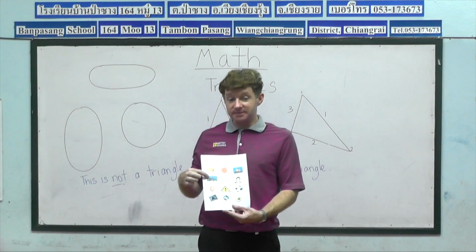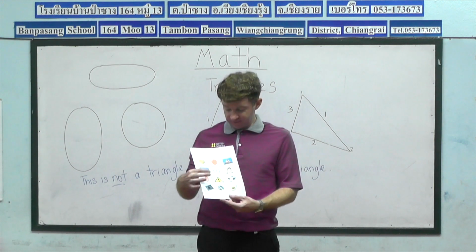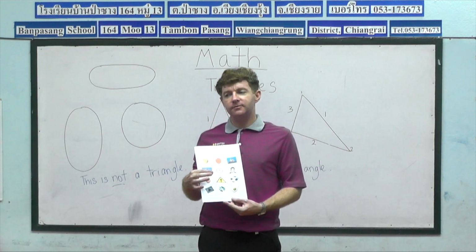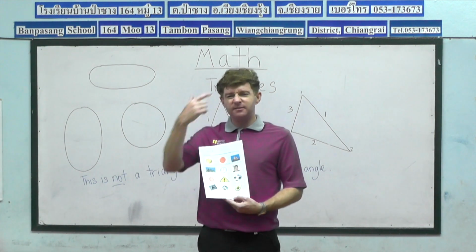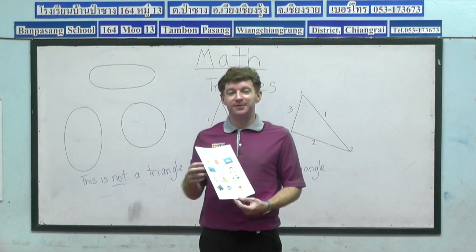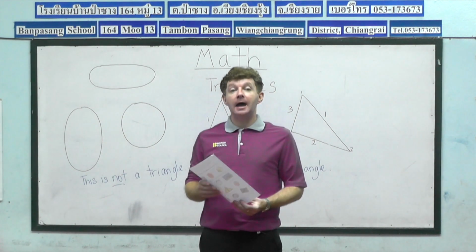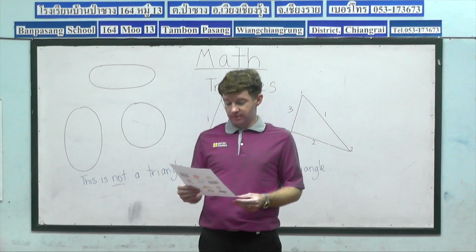And the pyramids? This is a triangle. Excellent. How about the clock? This is not a triangle. And the face? Is my face a triangle? This is not a triangle. How about an egg? This is not a triangle.